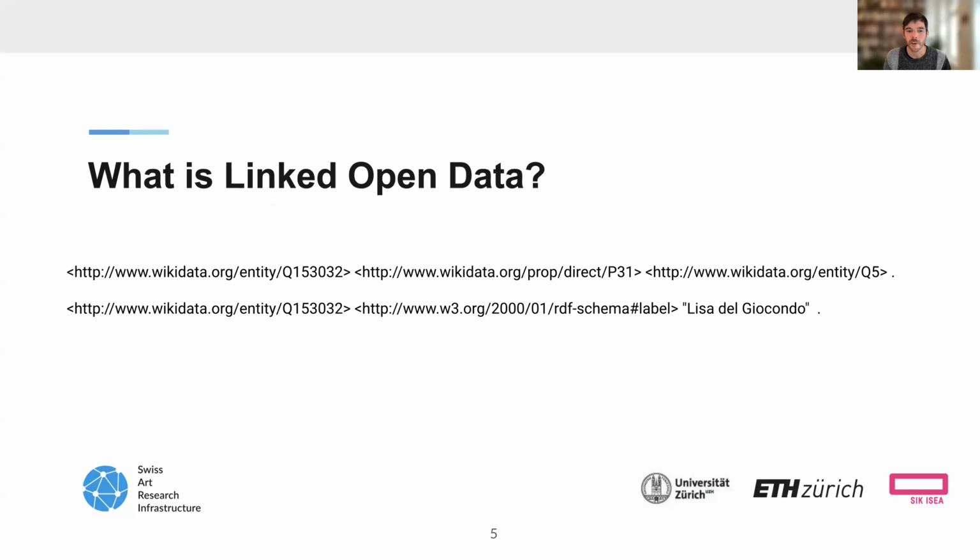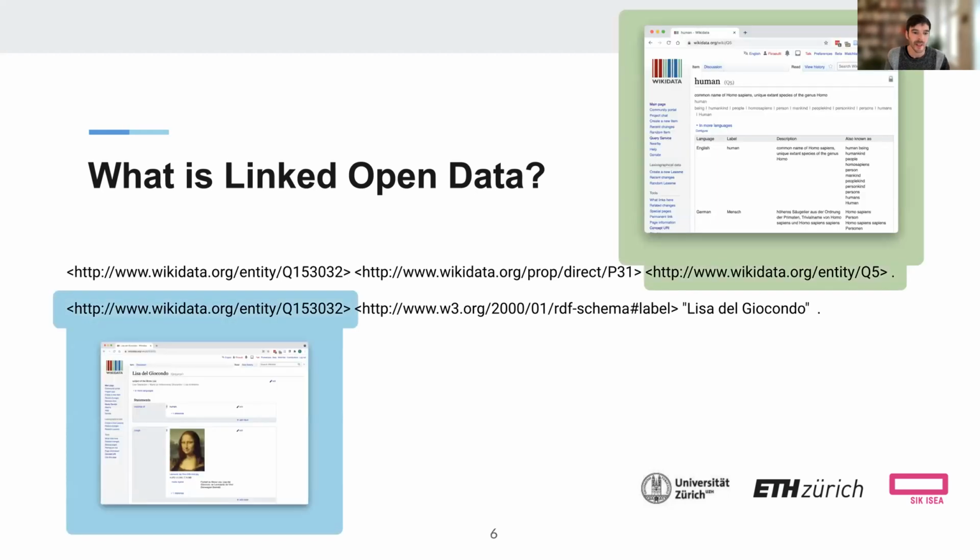If you're very new to linked open data, it is basically a way of defining and publishing data so that every piece of data is defined by a URI. And here are two statements, so-called triples. This URI, which ends on Q153032, identifies Lisa del Giocondo, and this entity, which ends on Q5, refers to a human.